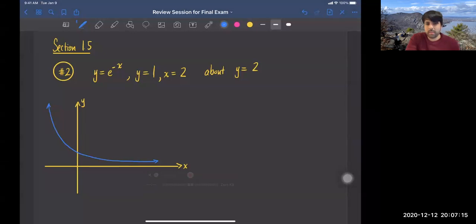Sorry about that. Okay, so this is y equals e to the negative x. And then what do I have? I got x equals 2. So x equals 2 somewhere here. So then this would be x equals 2.